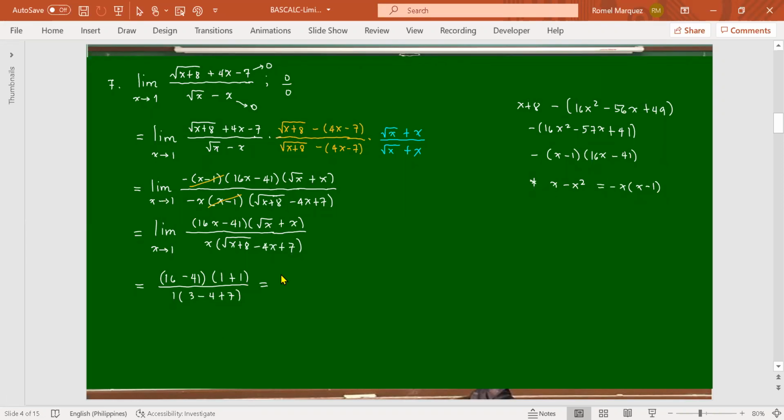So that is negative 50 over 6, and that is equal to negative 25 over 3.